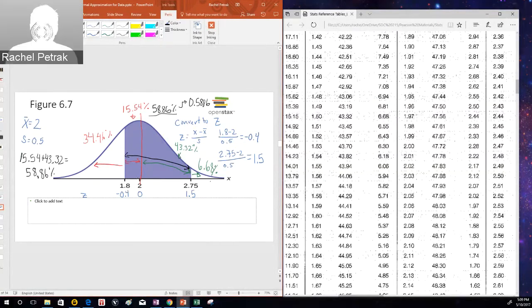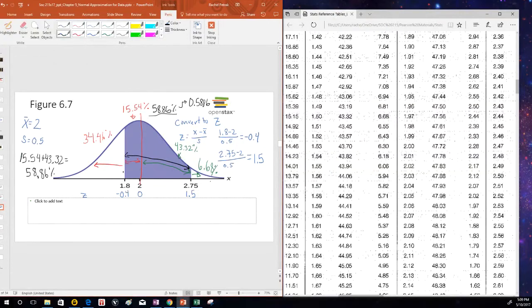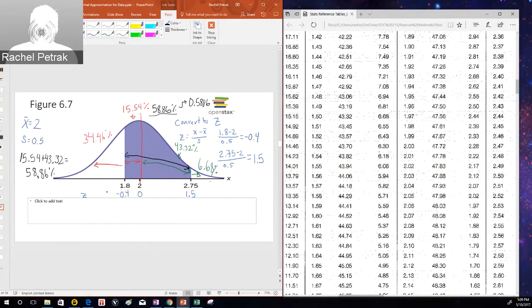The other way that we could find this would be to use these values to manipulate this distribution in other ways. So if I know that, for example, this proportion out here is 34.46, then I know the corresponding proportion over here is approximately 66.